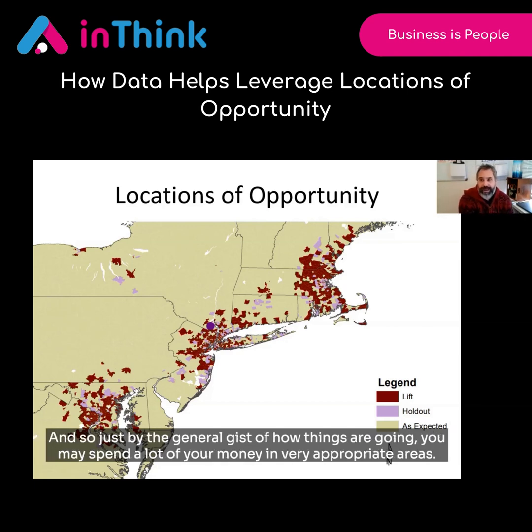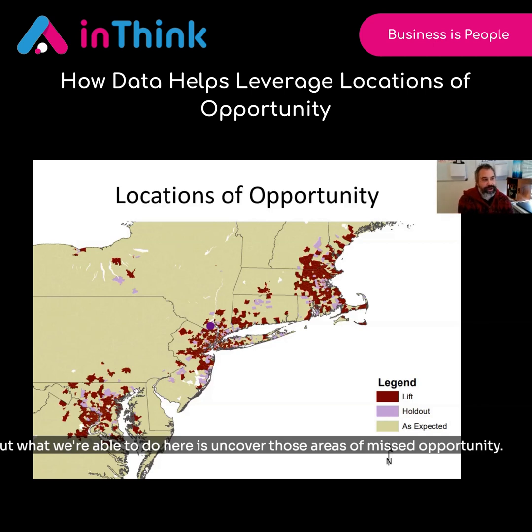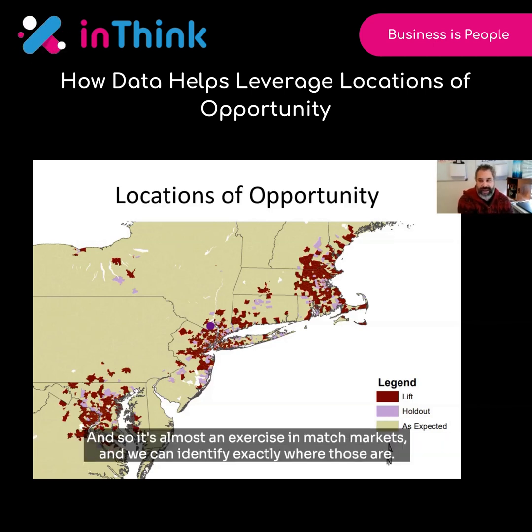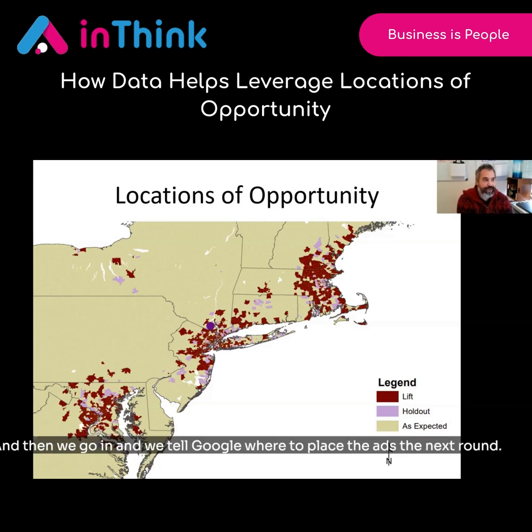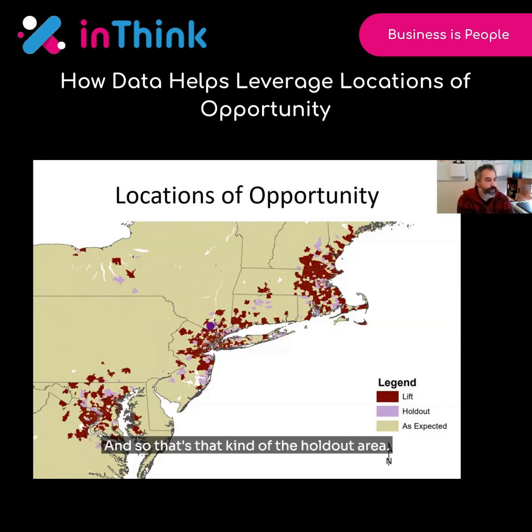So you may spend a lot of your money in very appropriate areas, but what we're able to do here is uncover those areas of missed opportunity. It's almost an exercise in matched markets, and we can identify exactly where those are. And then we go in and tell Google where to place the ads the next round. That's the holdout area.